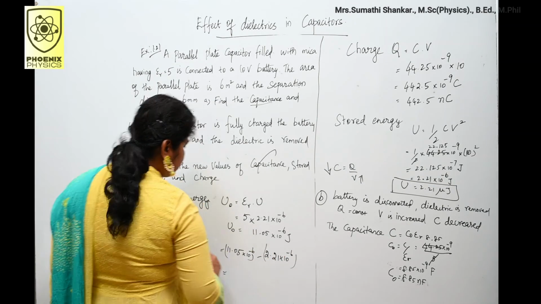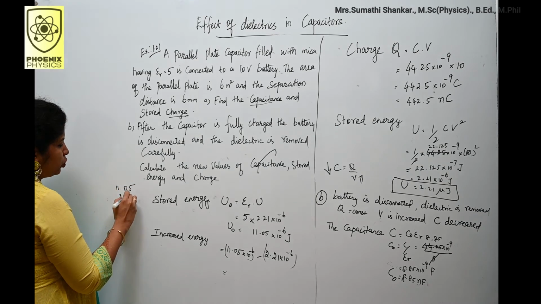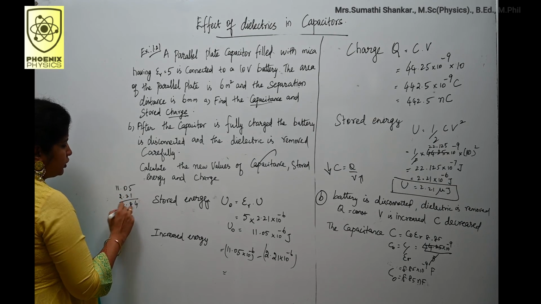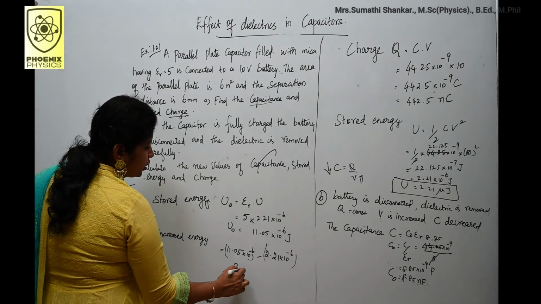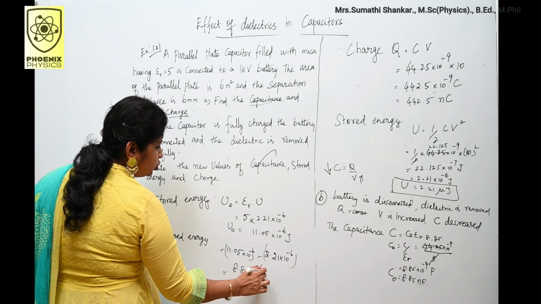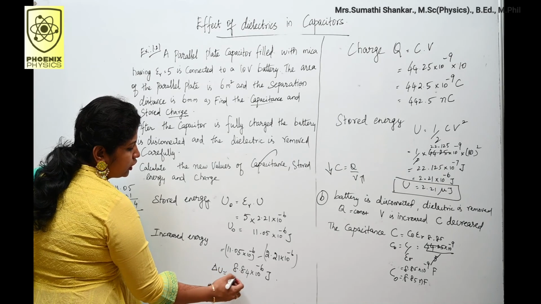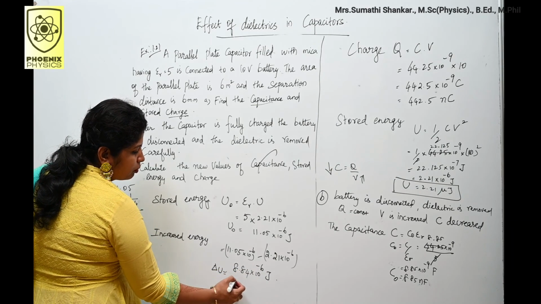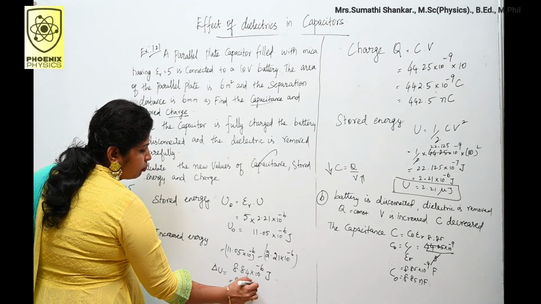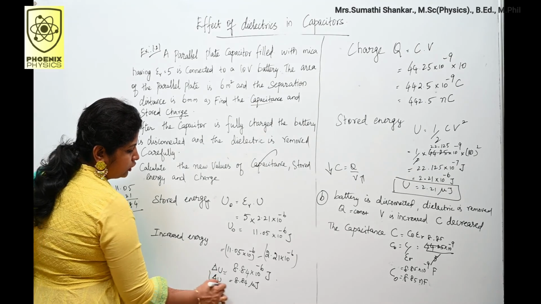So your answer is 11.05 minus 2.21, which is 8.84 into 10 to the power of minus 6 joule. Delta U is equal to 8.84 into 10 to the power of minus 6 joule, or we can write 8.84 microjoule. This is your delta U value.